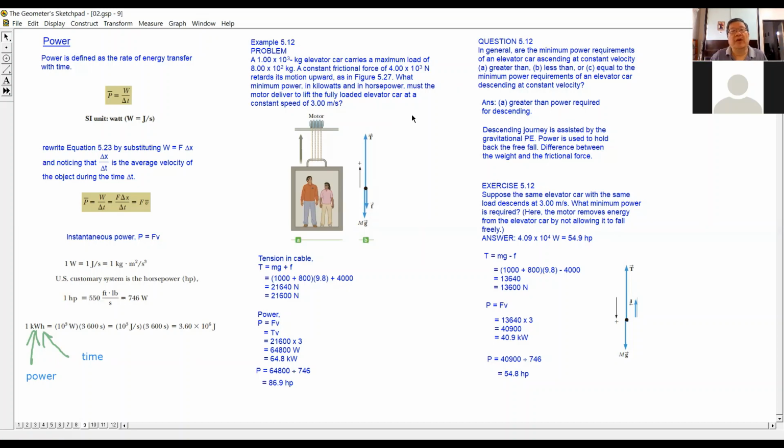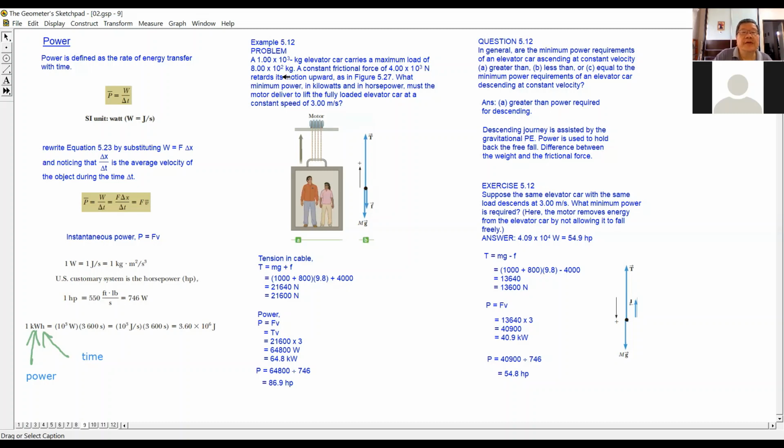So the total mass is actually 1800 kilogram. Now this elevator is pulled up using the motor, and over here the cable is rubbing against the motor, and there is a frictional force of 4000 newtons, 4 times 10 to the power 3.